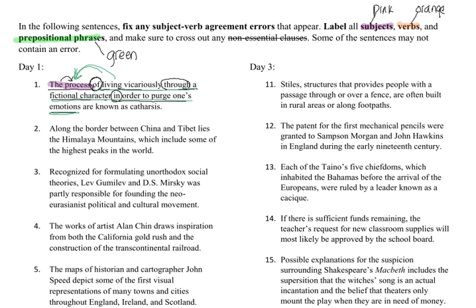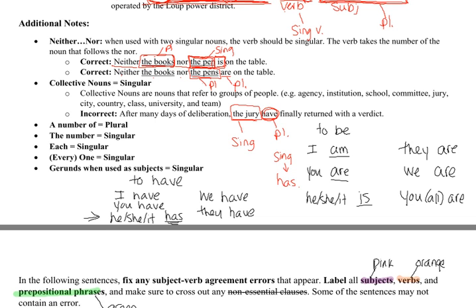Well, the process is the singular subject, so we need the singular verb. Are is our verb, but it's plural. Because if you go back to the conjugation of to be, I am, you are, he, she, it is, they are. Are is plural. Is a process an I? No. Is it a you?